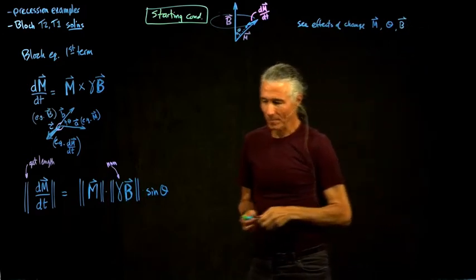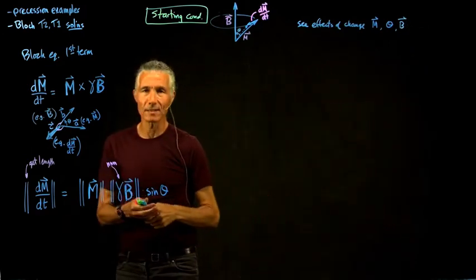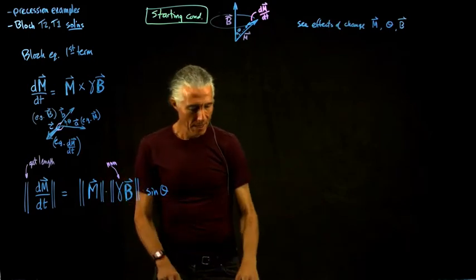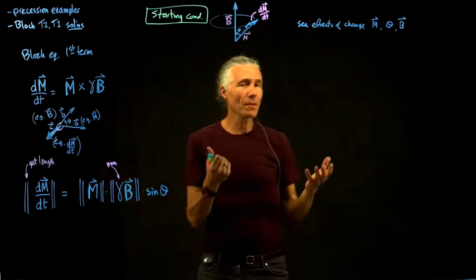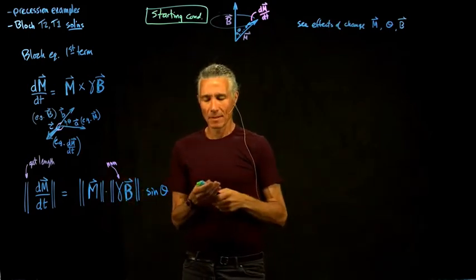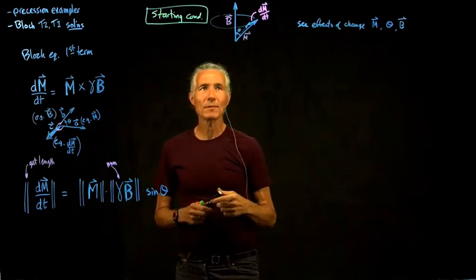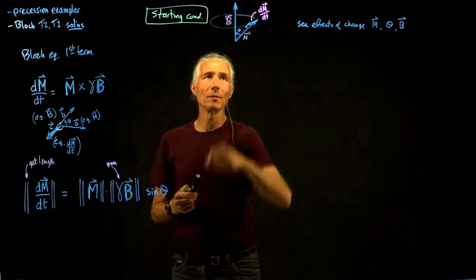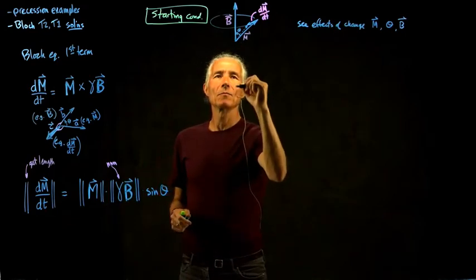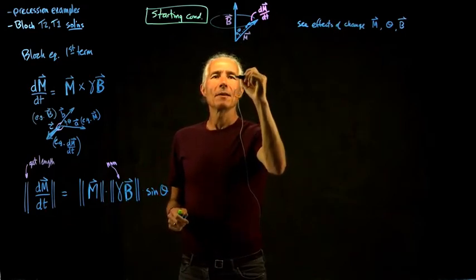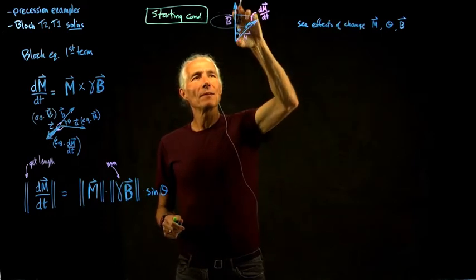So the first thing is, what if we just change the M vector length? So what if there's, for instance, more local magnetization? So let's just take a simple case. We'll just double the M vector. So we'll keep the B vector the same length.